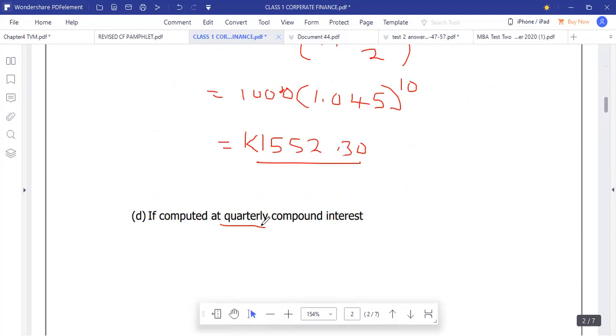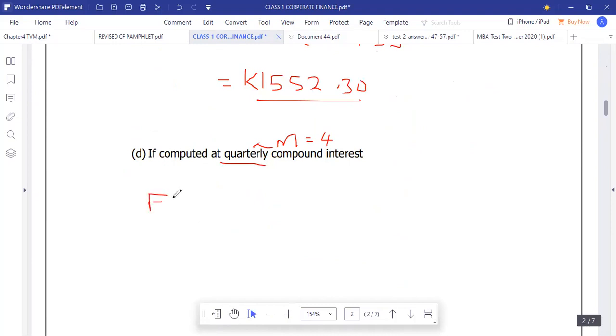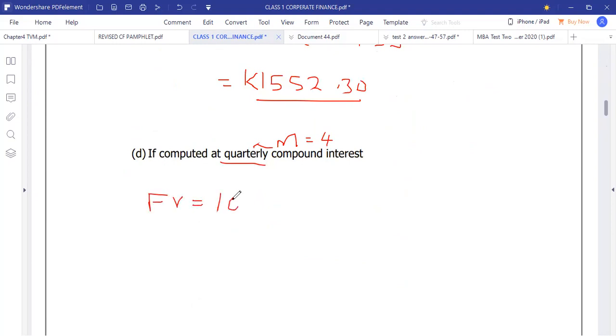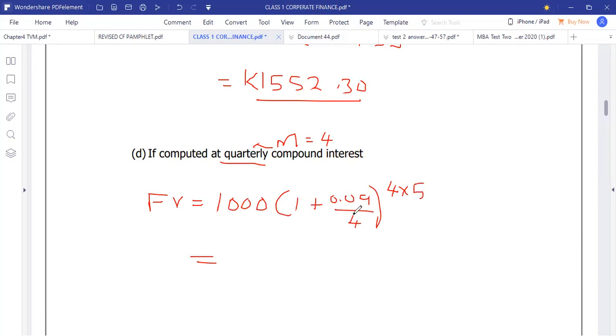How about quarterly? Who wants to lead us? Quarterly, what is our M? It's 4. So what becomes our future value? 1,000 times 1 plus the 0.09, we divide by 4. And the 4 will come here again, multiplied by the number of years, which is 5 years, right? So you start from this part here: 0.09 divided by 4.